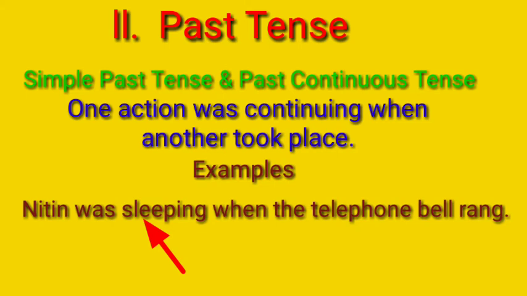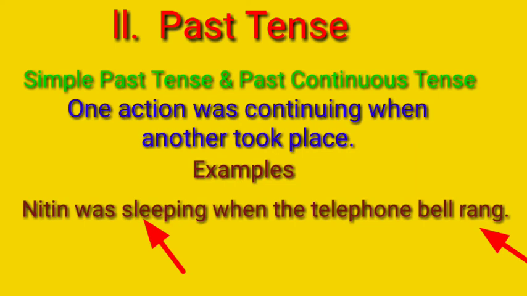So here also Nitin was sleeping is past continuous tense. When the telephone bell rang, here the subject is the telephone bell and rang is the second form of the verb. So we can say it is simple past.